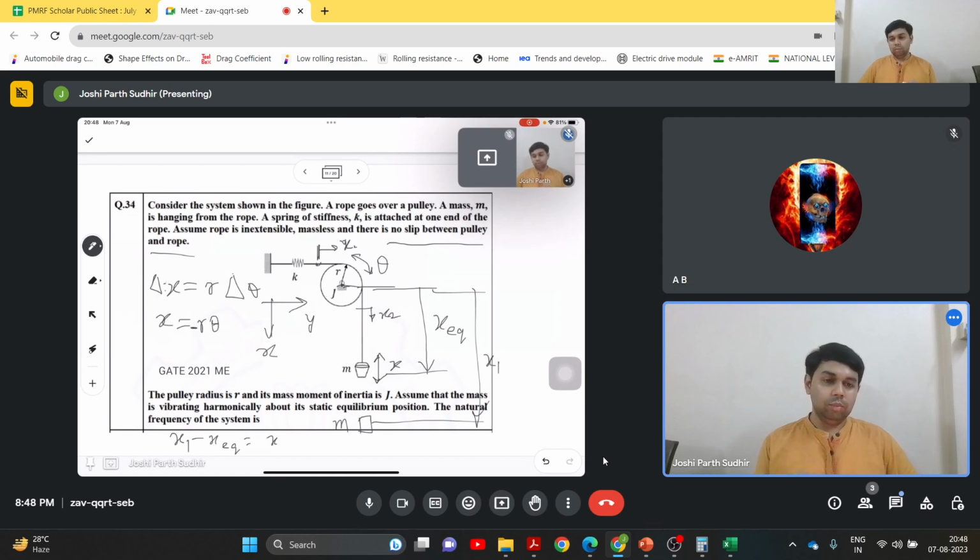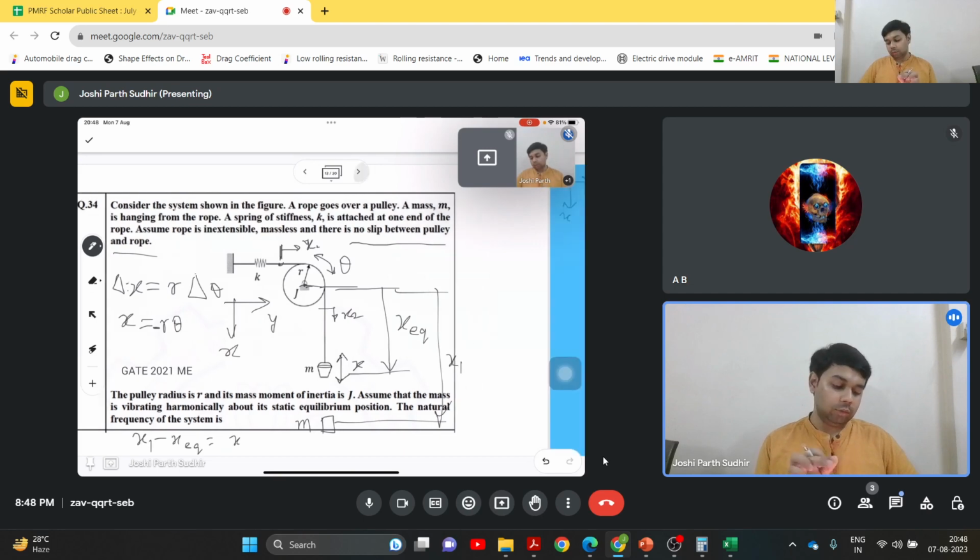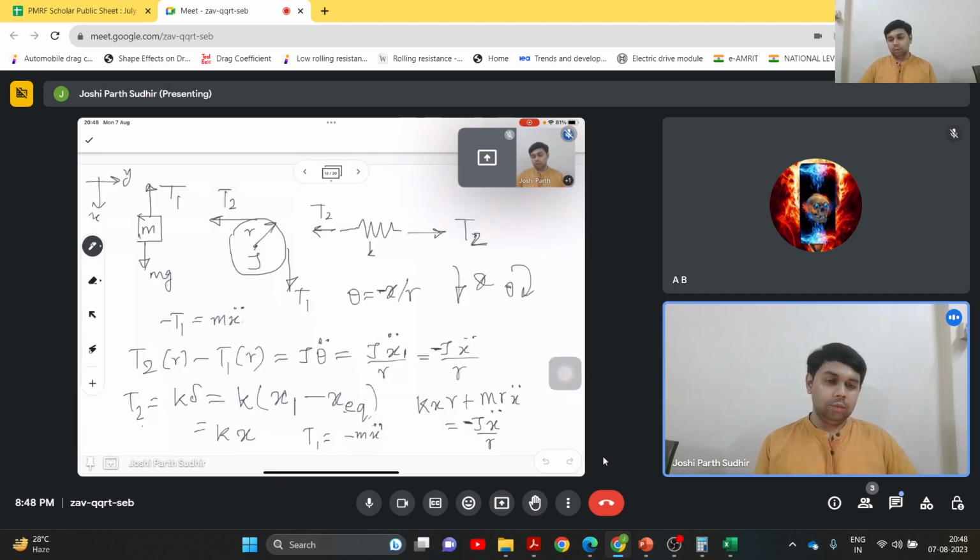So that causes this relation to become x is equal to minus r theta first of all. Then in the free body diagram, we show the tension and the other forces and apply Newton's second law. So these are the set of equations for these components.